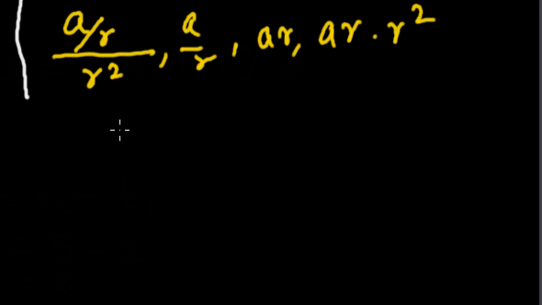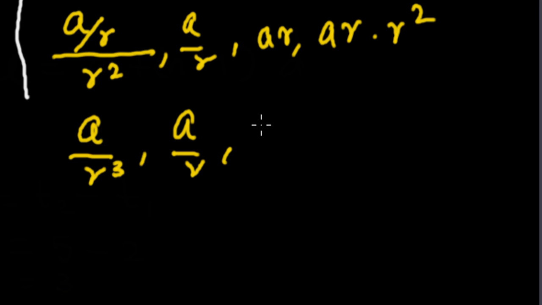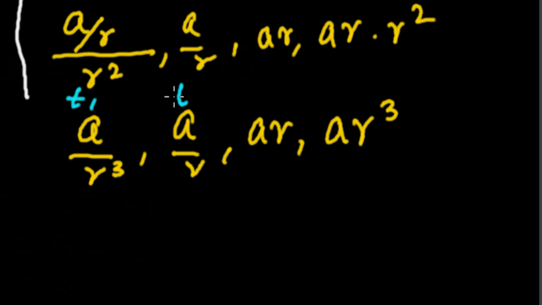So in this way we will get the terms a upon r cube, a upon r, ar and ar cube. These are T1, T2, T3 and T4. So these are the assumptions we have to take if the total number of terms is even.